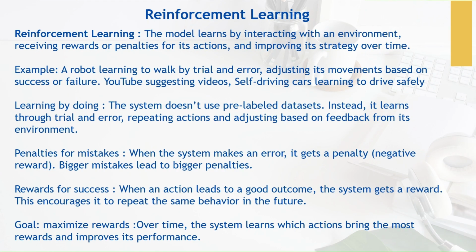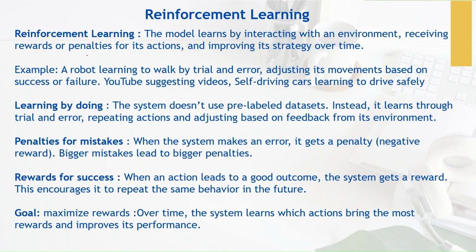Now let's go to reinforcement learning. In reinforcement learning, the model learns by interacting with an environment, receiving rewards or penalties for its actions, and then improving its strategy over time. So here the model does not care whether it is labeled data, unlabeled data, whatever. Okay, it just learns, and once the action is right, it gets a reward point, and if the action is incorrect, it gets negative reward points. That is the penalties.